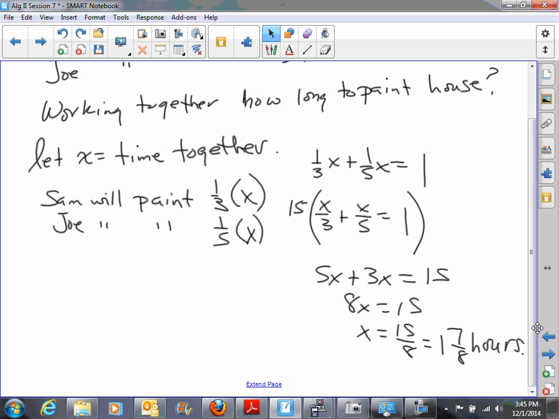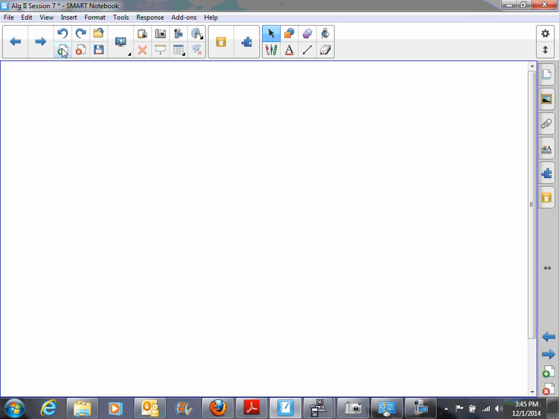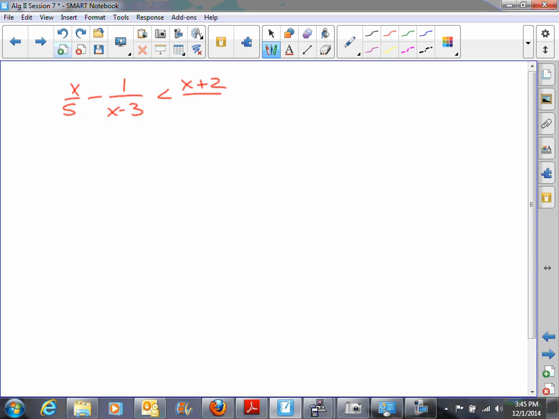One more thing we need to talk about is rational inequalities. Now, when you have rational inequalities, you're looking for the range or ranges where the inequality is true. And let's just take a look at an example. x over 5 minus 1 over x minus 3 is less than x plus 2 over 6.